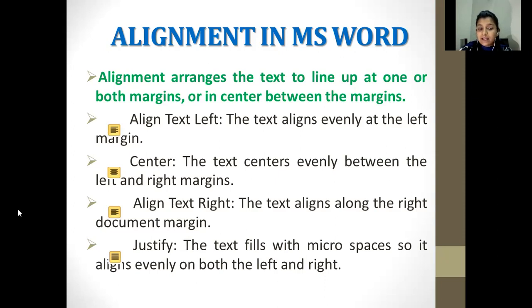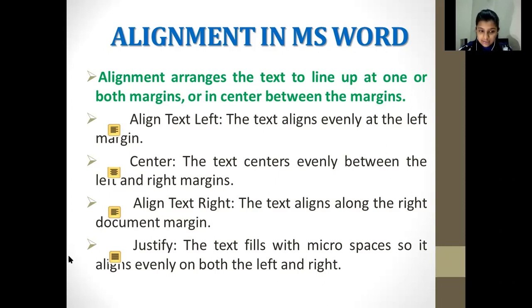Okay, and the last one is justify. Sometimes we see that in notebooks or in MS Word, people write text in some pattern which is not looking so organized, isn't it? So for giving that organization to the text, we use justify.